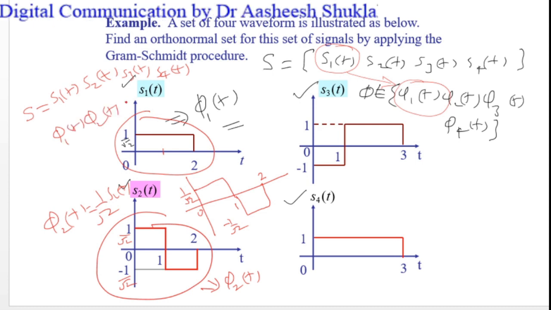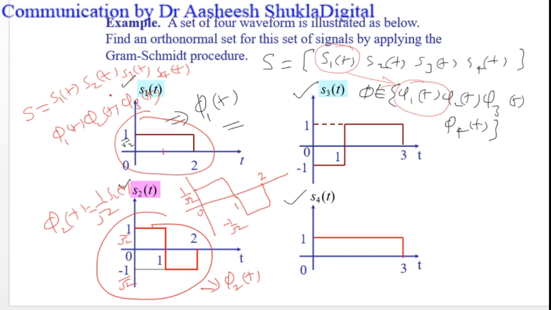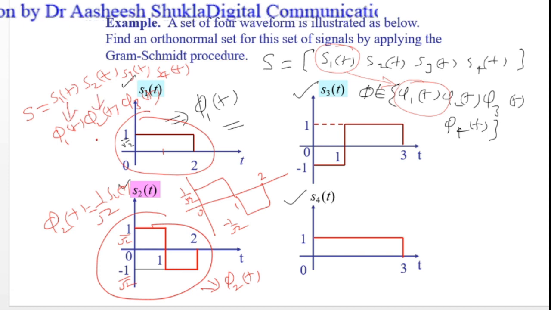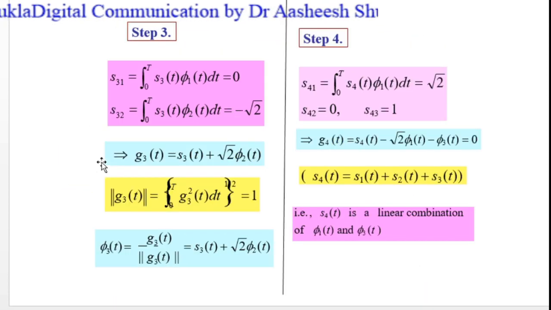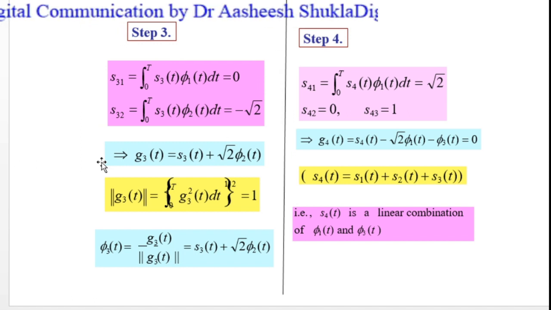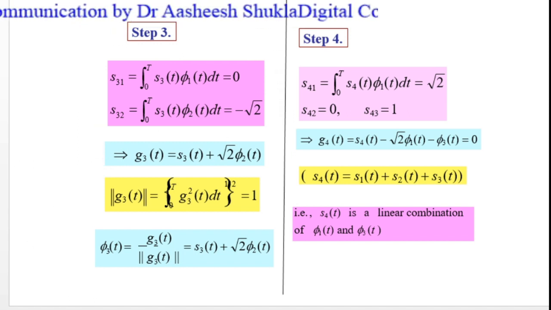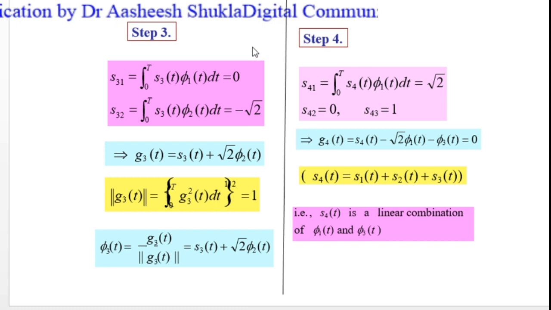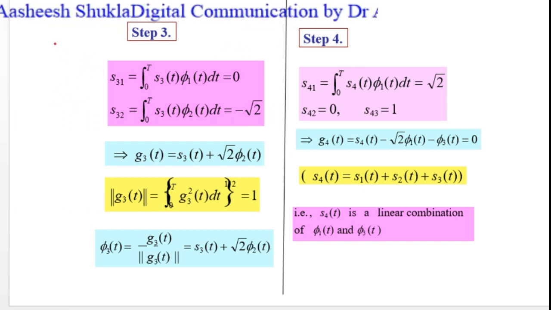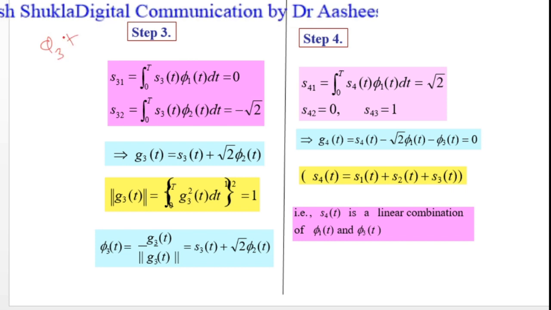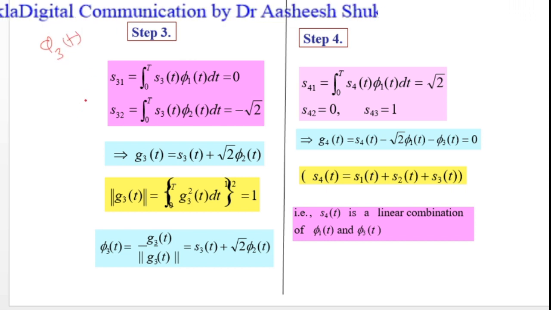We have to find phi 3t, and phi 1t is because of S1t, phi 2t is because of S2t, and phi 3t will be because of S3t. Right? So now to do that, we have to come to step 3, that we have to find phi 3t, right?